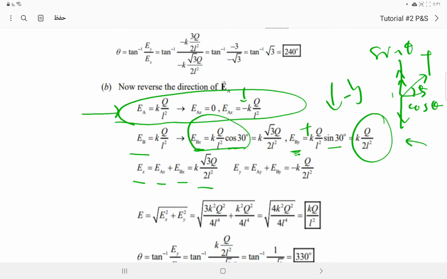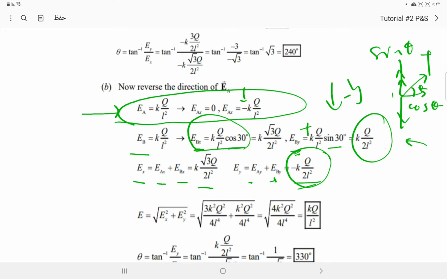One is EBY, which is EB sine 30. And the other one is the opposite, which is coming from EA. So in this case we're adding positive with negative values, and we can get the final result like that.